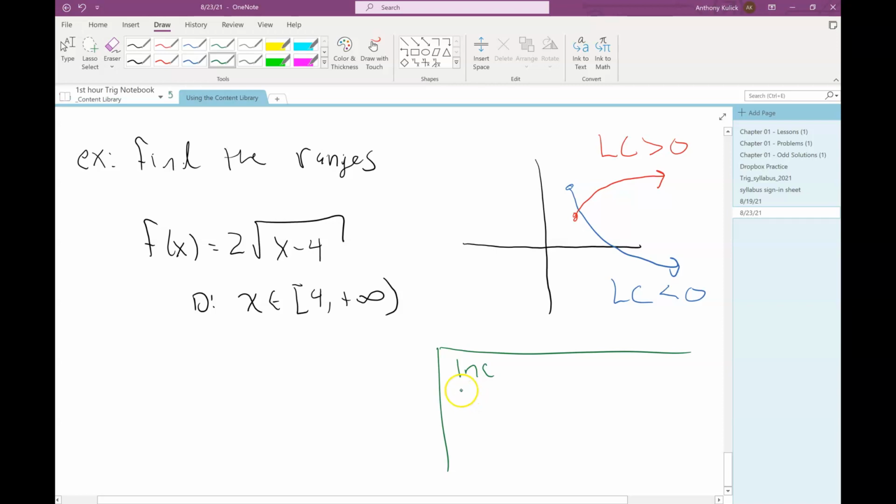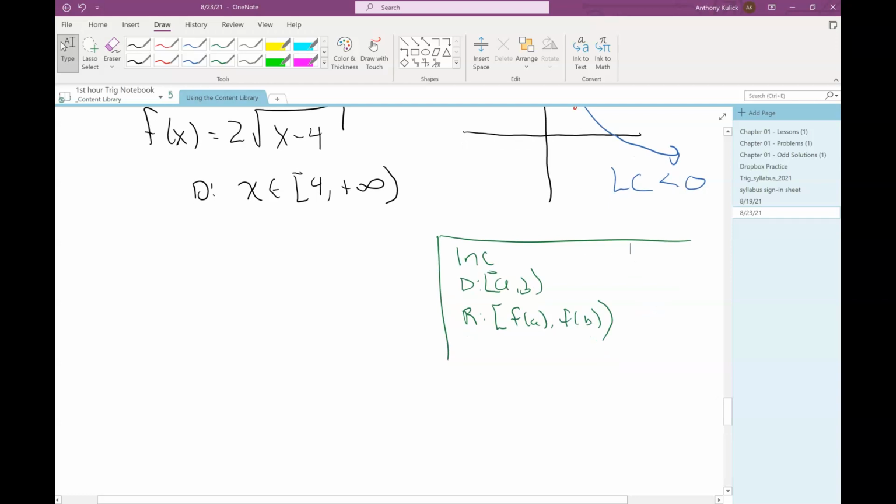For increasing with a domain of A comma B, the range is going to be the same bracket as on the domain, and the same parentheses, and it's just going to be f of A comma f of B. So all we're going to do is plug in the lower bound and upper bound into f of x, and those will give us the lower bound and upper bound for our range. That's pretty easy.